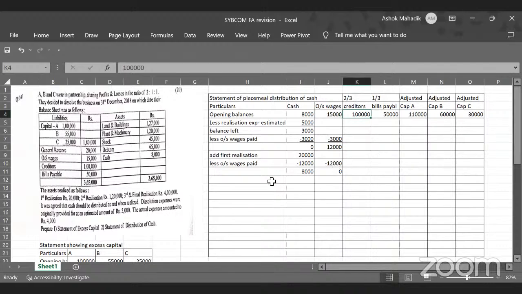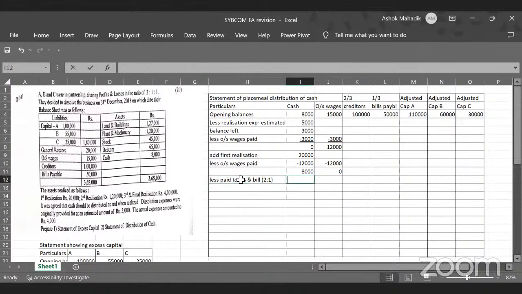Okay. So now we have to divide this 8,000 in that ratio. Okay. So I'll write less paid to creditors and bills payable in the ratio of 2 is to 1. Okay. So calculate.